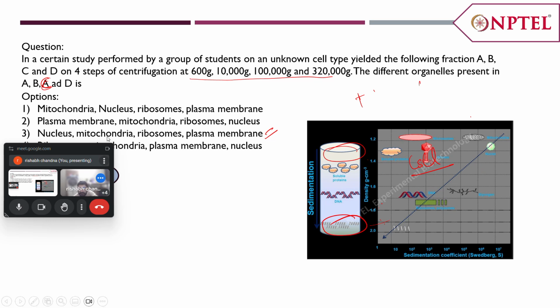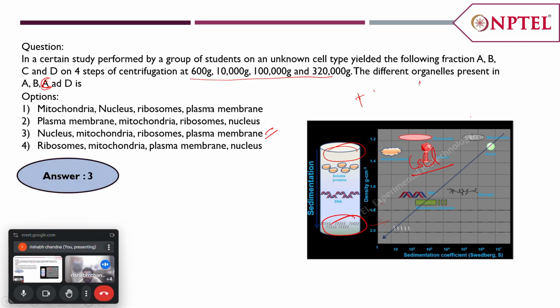So here in this case at 600 G, if you remember a cell diagram, the largest component present in the cell is the nucleus. So it is actually more in amount in case of a cell.